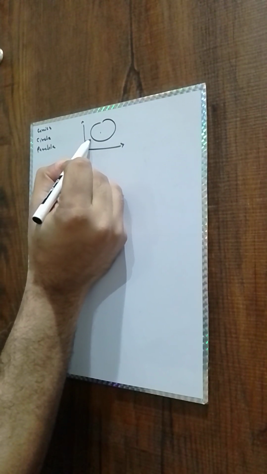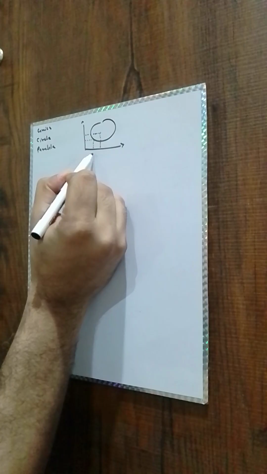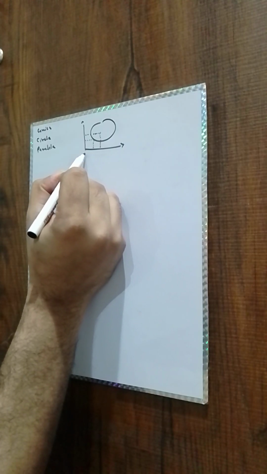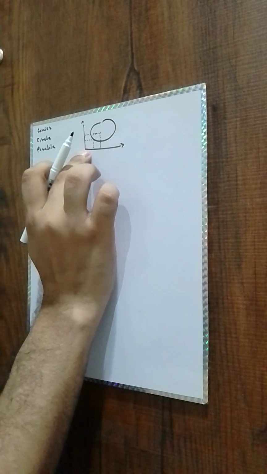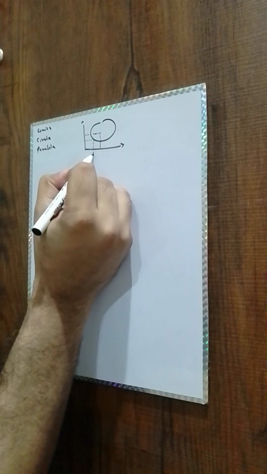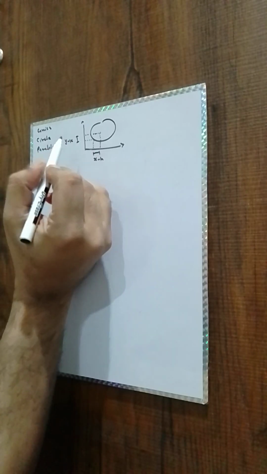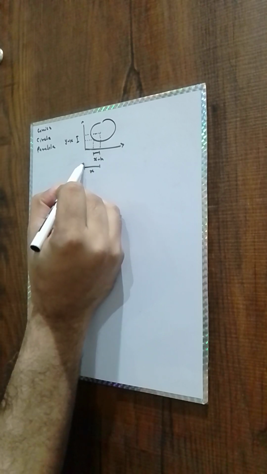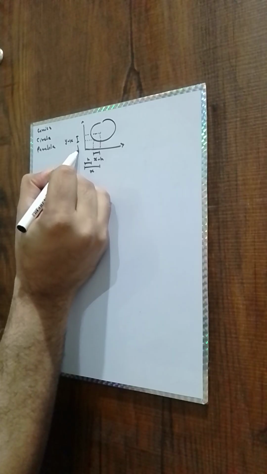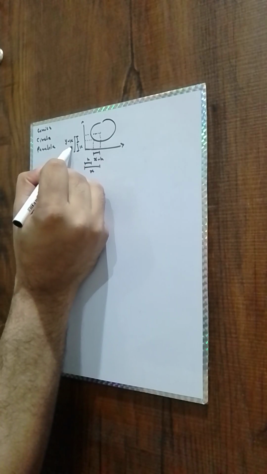And in this case, the coordinates of the center are x minus h and y minus k, because here we have x and here we have h, and similarly here we have k and here we have y.